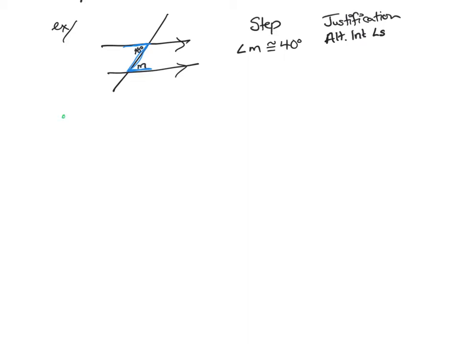The second type would be alternate exterior angles. And this isn't as clear, but you kind of use pointing V's to help you.